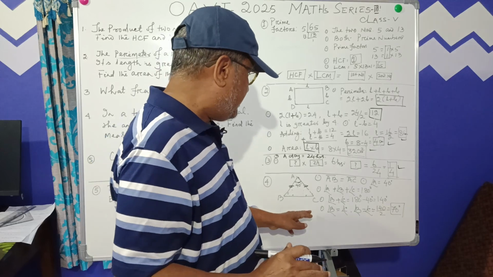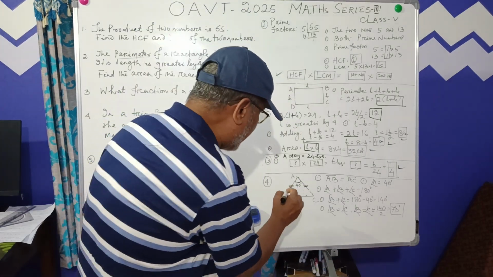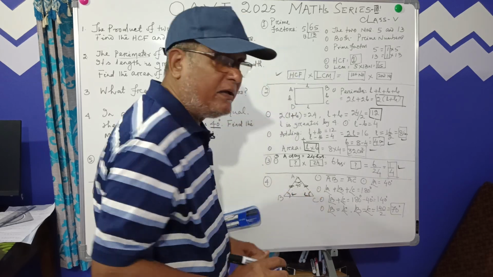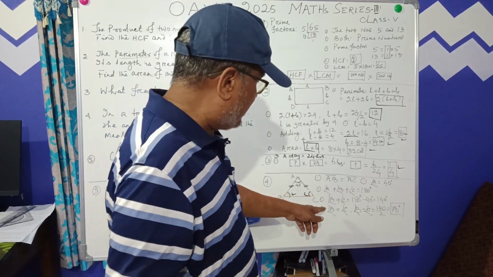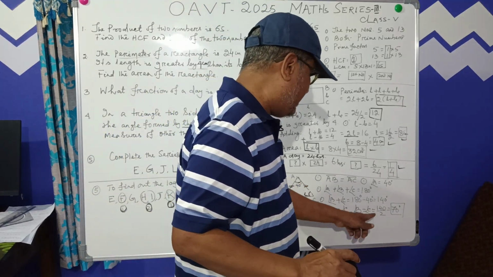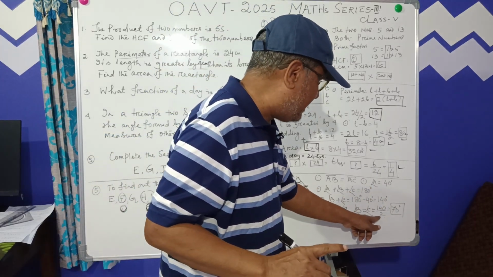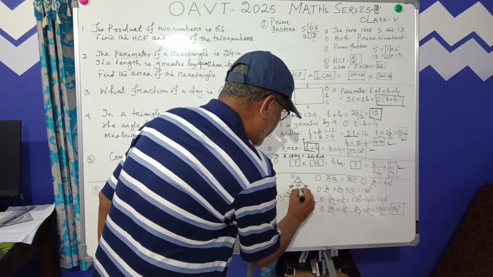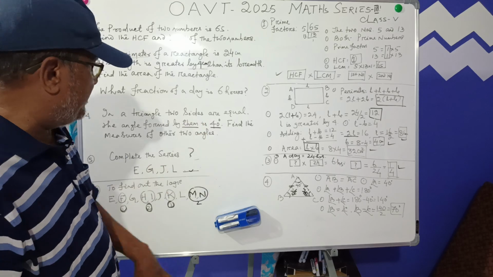Now you see, when two sides are equal, angle B is equal to angle C. So each angle is equal. 140 by 2 is 70 degree. So here it is 70 degree and it is also 70. Please practice at home.